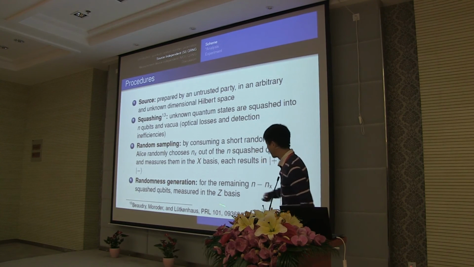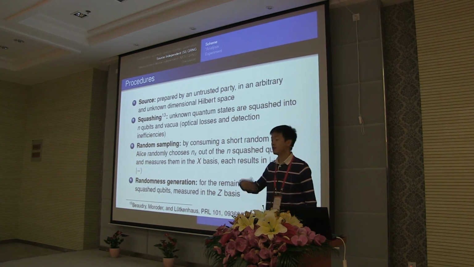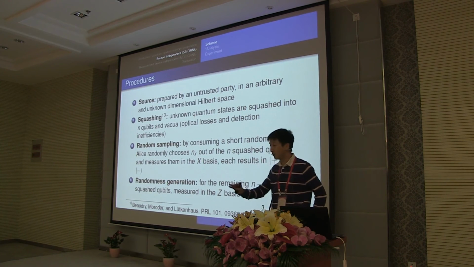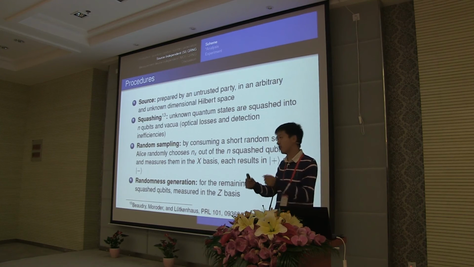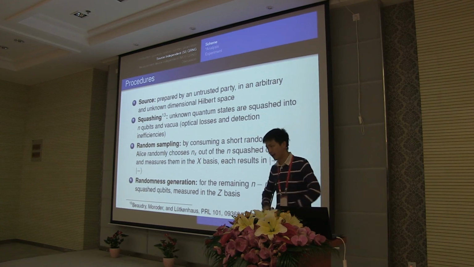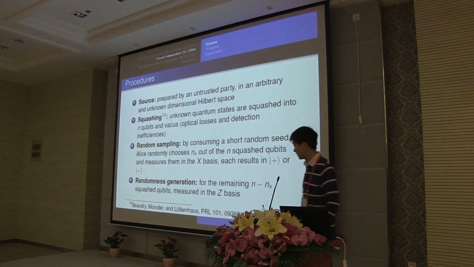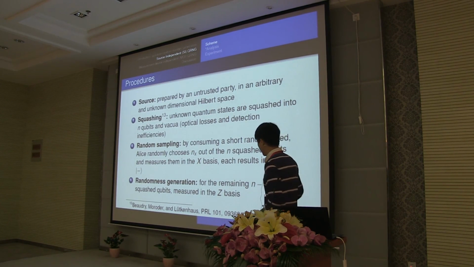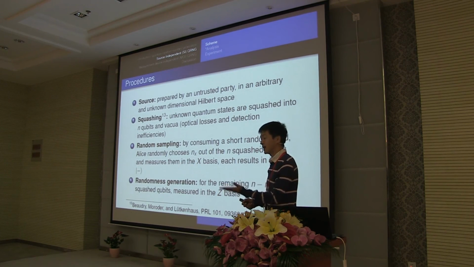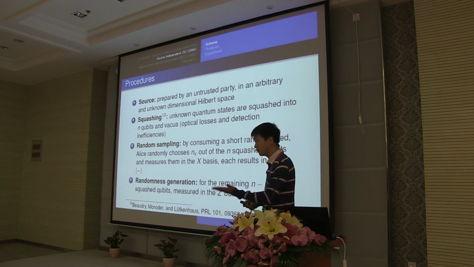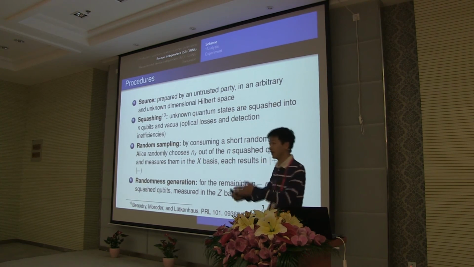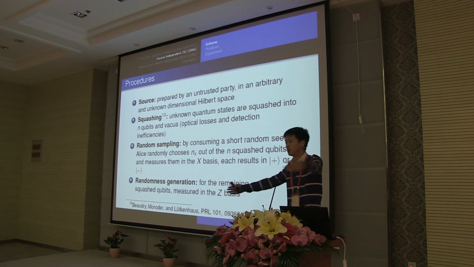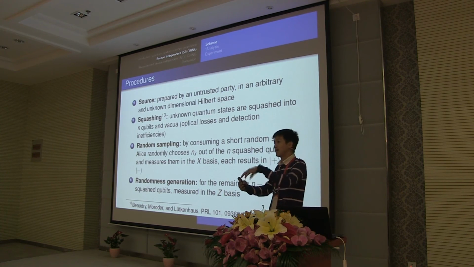For example, in this paper, they propose that if you use a threshold detector, what they really assume is almost a single-mode threshold detector. Of course, it can be extended to the multimode case as well. If it's a single-mode threshold detector, you can mathematically prove that it is equivalent to the squashing model I mentioned. You just project the higher dimensions to the qubit and the vacuum first.